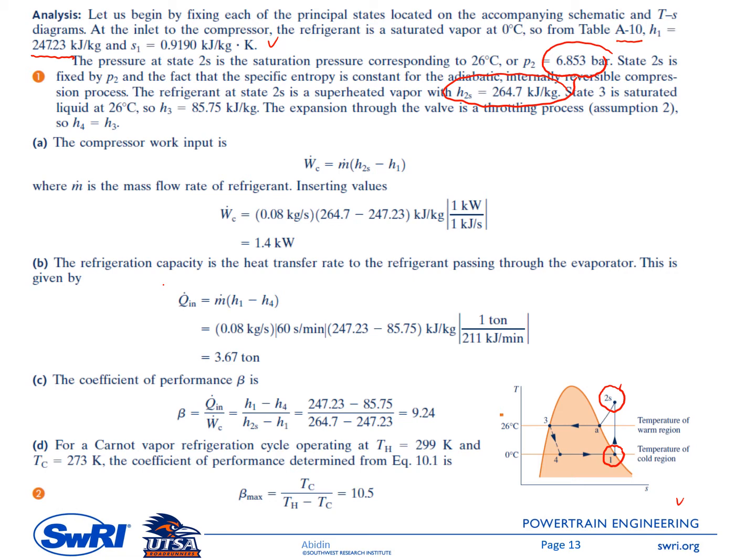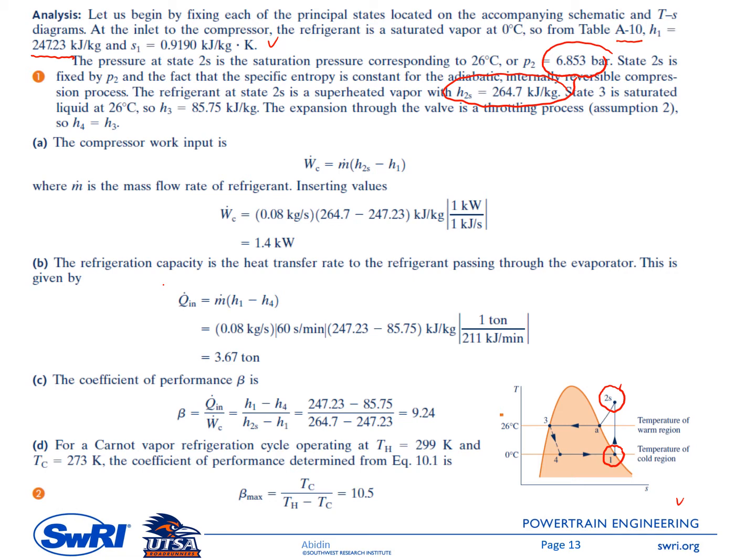If you still have a problem solving these properties using interpolation or double interpolation, please have more practice. Review again THERMO 1, where we first introduced the interpolation process. So we got H2s, and then we go to state number 3.